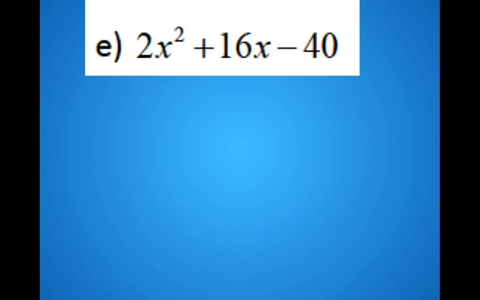Now this one's a little bit different because it looks like it might be one of those harder trinomials that has a number other than a 1 in front of the x squared. But the first rule of factoring is that you always factor out the GCF first. This is not letting me write up there, so hold on one second.